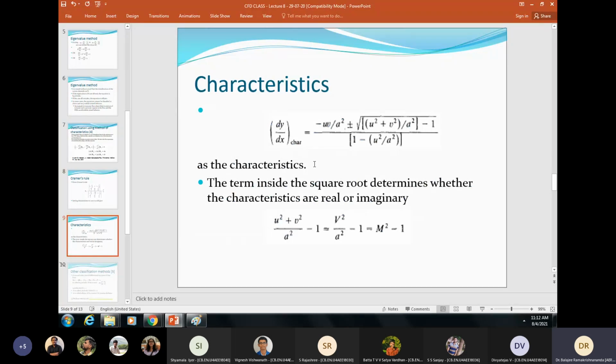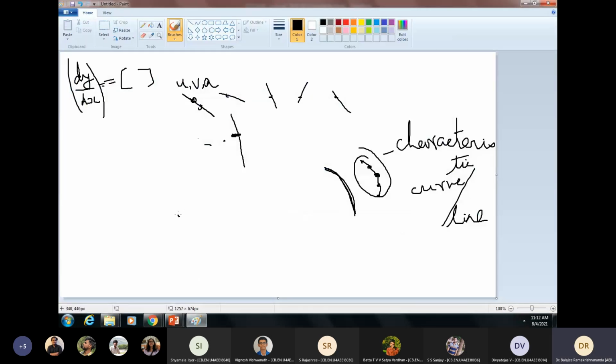So at a point, it is not only one direction, but there are two directions. In a particular point, we saw only derivatives like this, but there may be another direction like this. So whether you proceed in this manner or this manner, you will be moving along a characteristic line or characteristic direction.